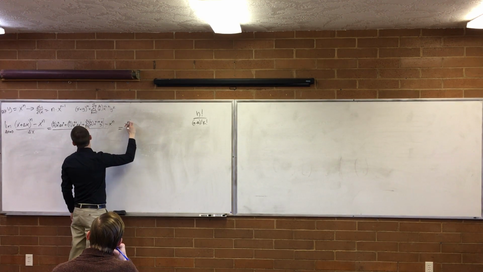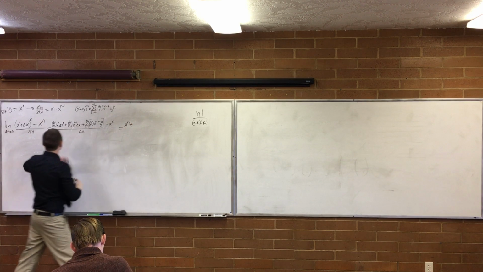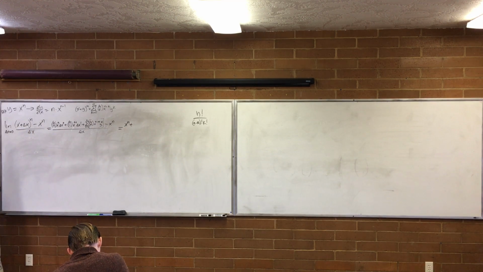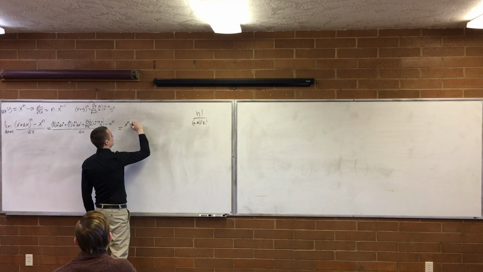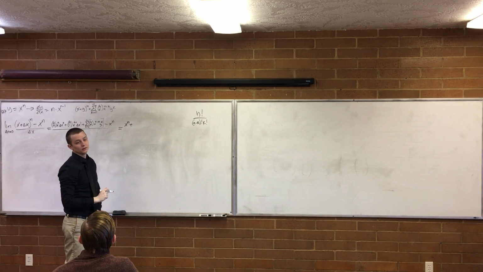Okay, plus n choose 1. How many 1 element subsets can we get from an n element set? Or what do you get when you plug an n into there? N factorial over n minus 1 factorial. So just n.